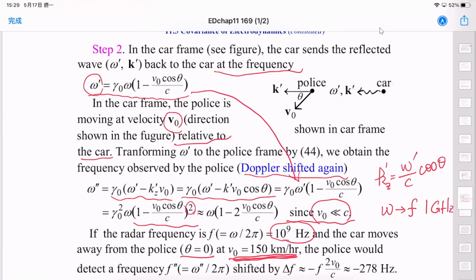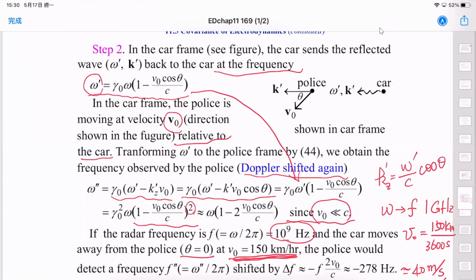Okay, so let's see the frequency change. v0 here is 150 kilometers per hour, equals roughly about 40 meters per second. And 40 meters per second, cosine theta is 1, 2 v0 over c, 80 meters per second.